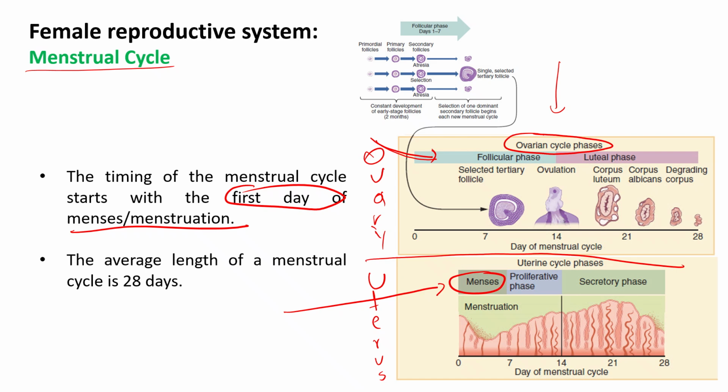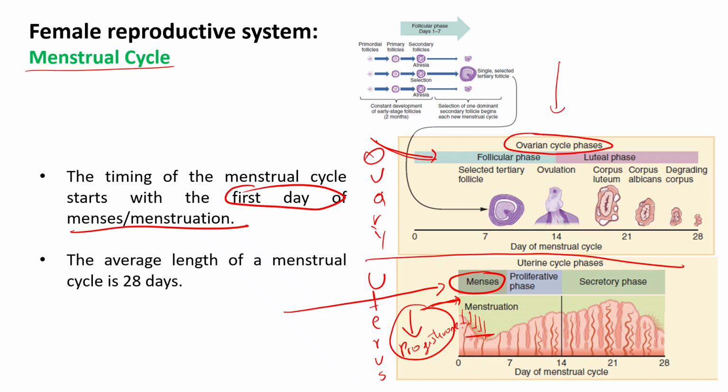So the reason why menses is occurring, I'm going to anticipate here, is because there's too little progesterone. This decrease in progesterone production is what triggers menses, which is when all of this endometrium basically gets shed and lost.